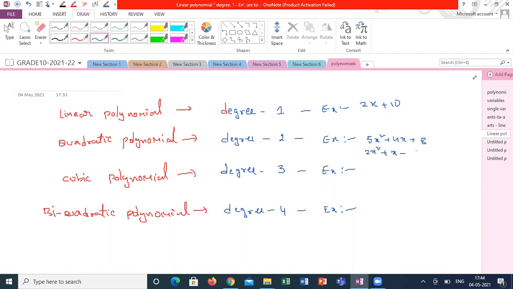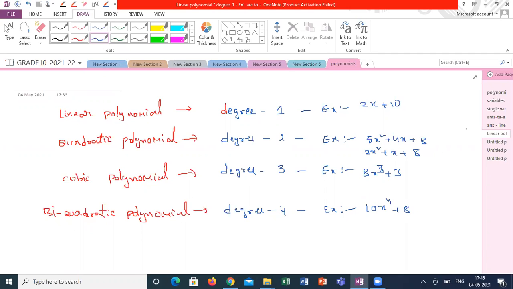Next. 8x cube plus 3. Yes. The remaining terms are zeros. Next. 10x to the power 4 plus 8. Yes, super. These are also different polynomials.